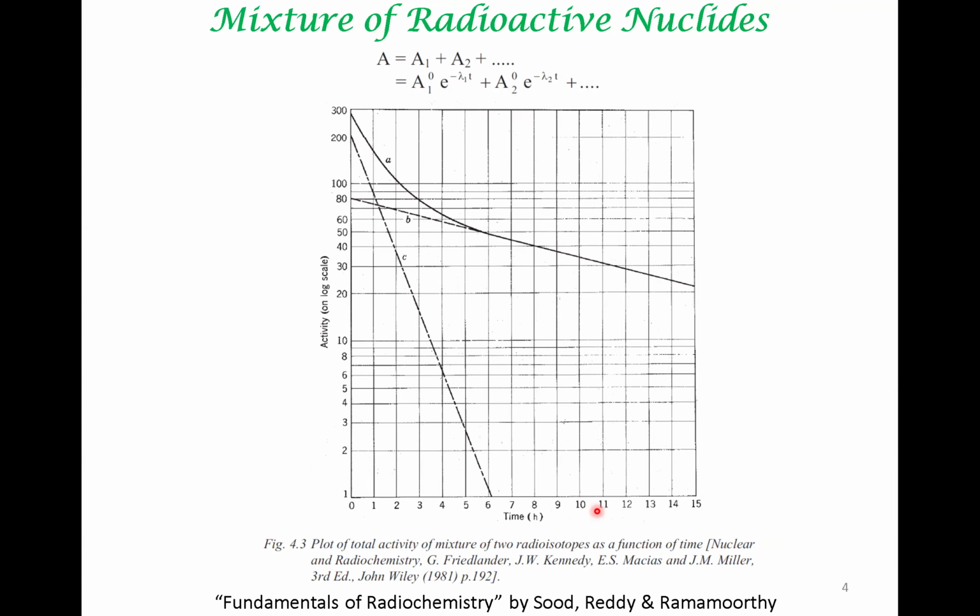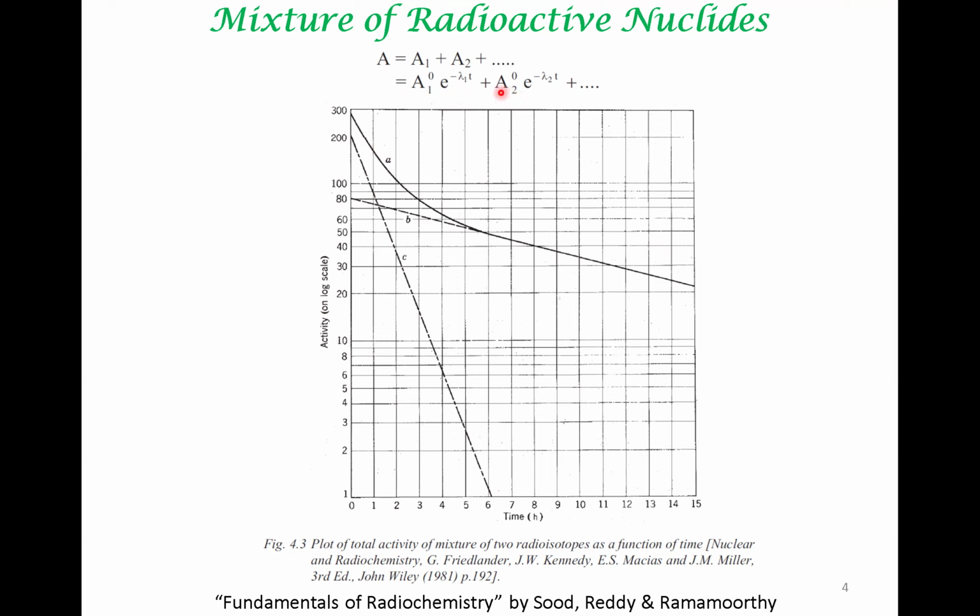What is also seen is that if you have a radioactive compound decaying via more than one process, you plot the activity. Total activity is plotted here, and total activity is comprised of different subcomponents.